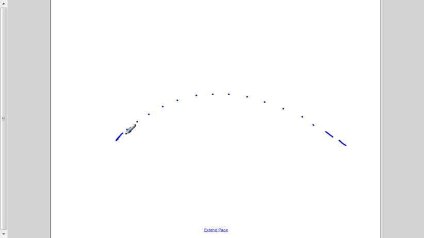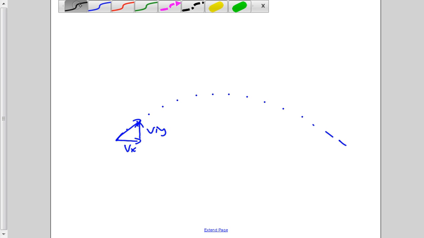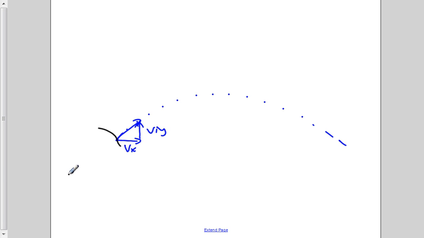Now since that velocity is neither just straight sideways or straight up and down, it's a combination of some Vx and some Viy.